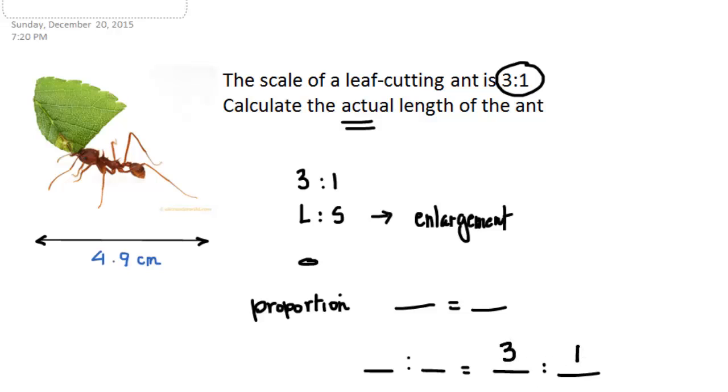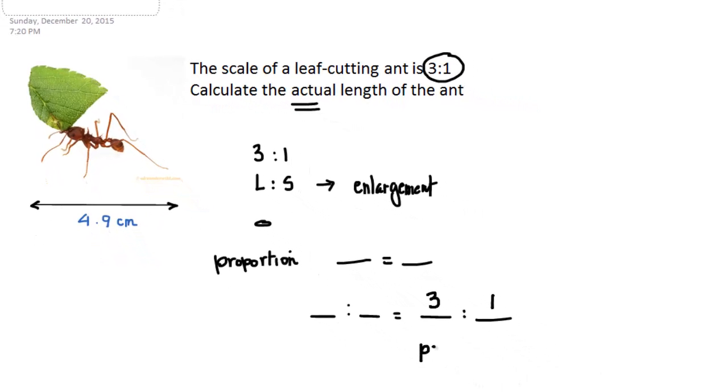I know that the 3 is the large one, which means this is on paper, but the 1 is in reality.